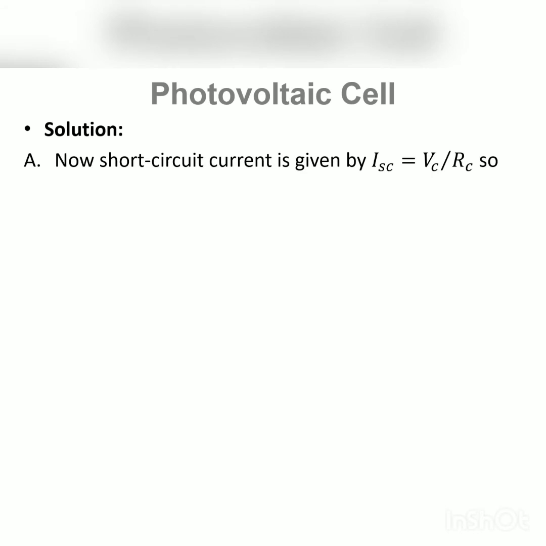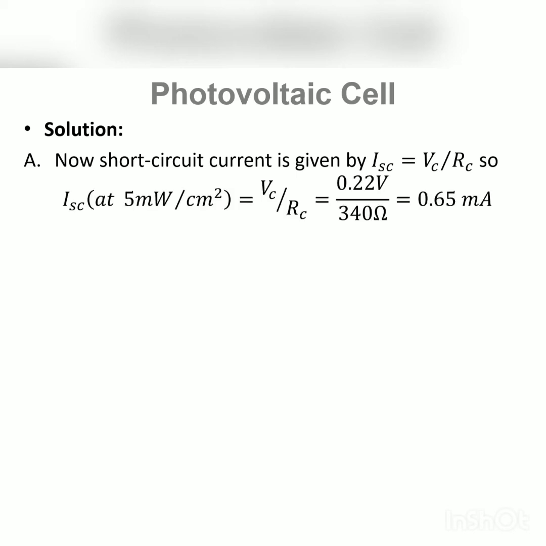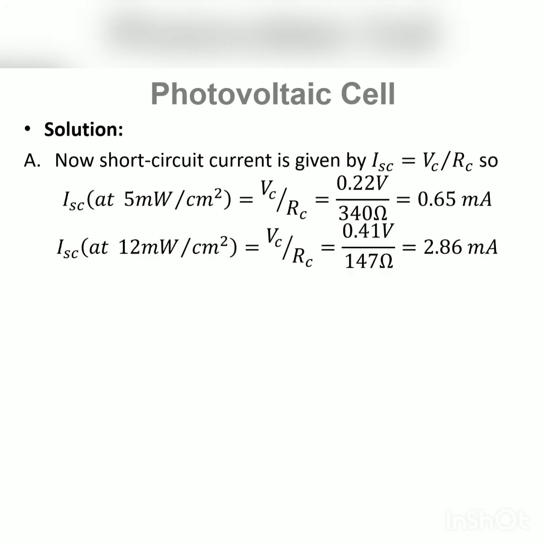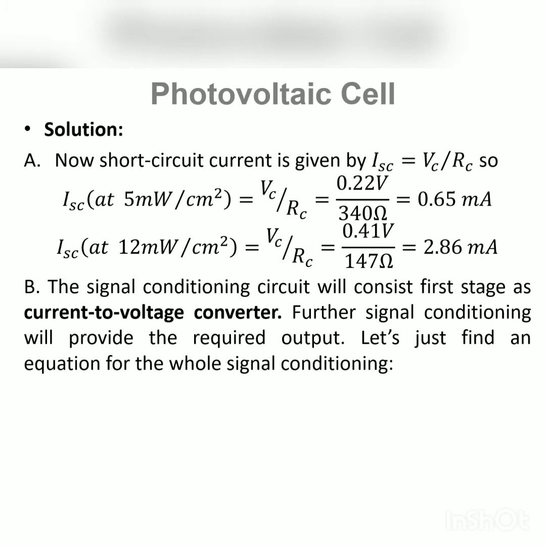Now, short circuit current is given by ISC equals Vc upon Rc. So ISC at 5 milliwatt per centimeter square is 0.65 milliampere, and the short circuit current at 12 milliwatt per centimeter square light intensity is 2.86 milliamperes.